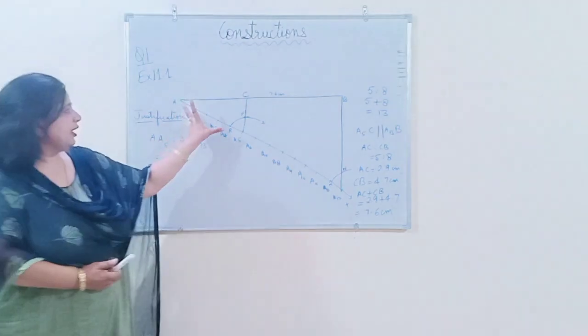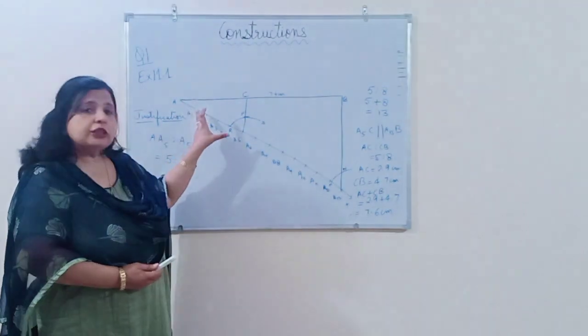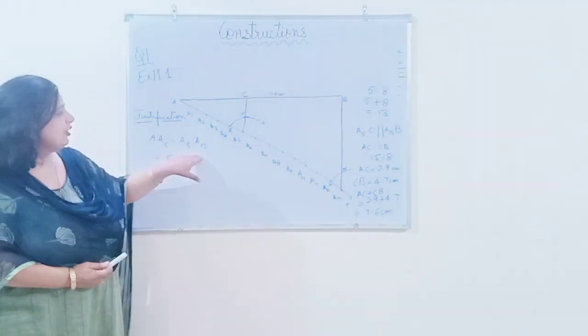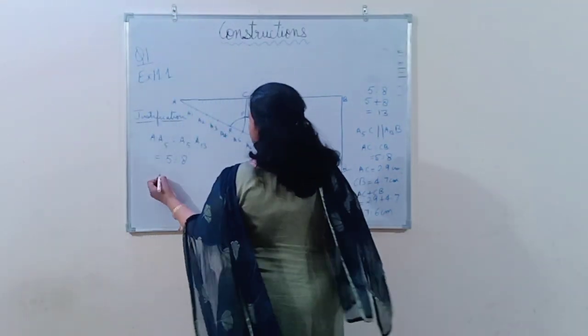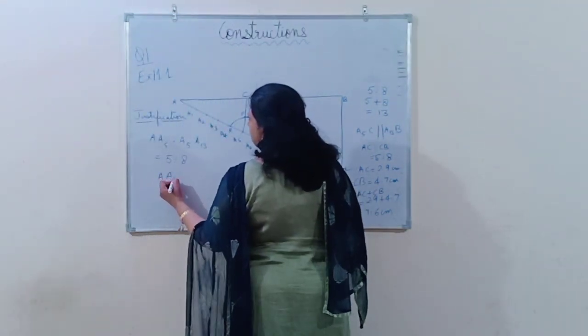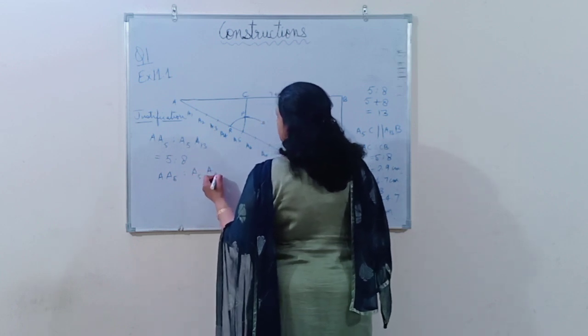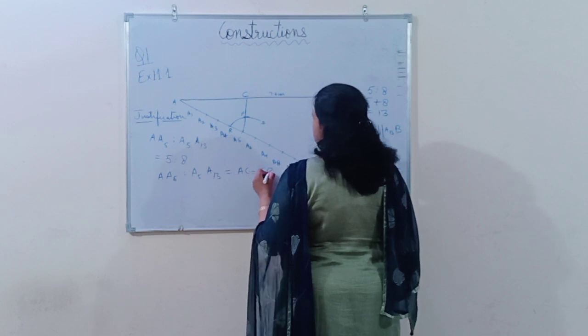Because we have marked 13 arcs and we have taken the fifth arc. And all the arcs are equidistant from each other. So A5 is to A5A13 is 5:8. So by the basic proportionality theorem, A5 is to A5A13 will be equal to AC is to CB.